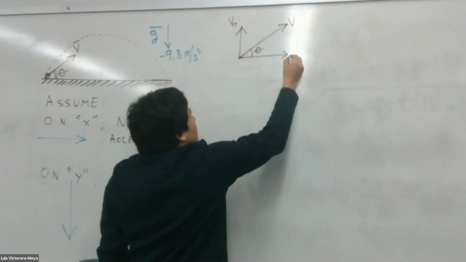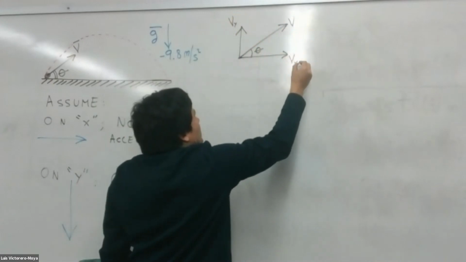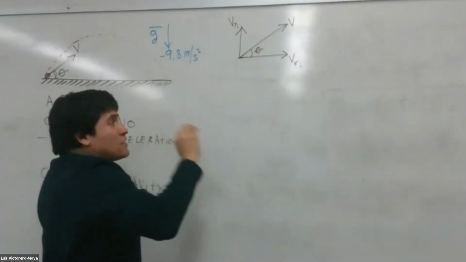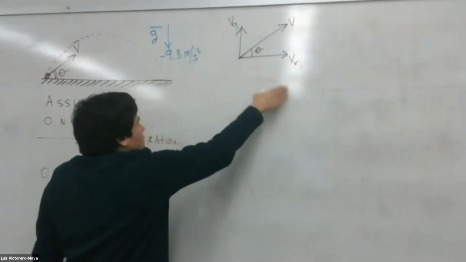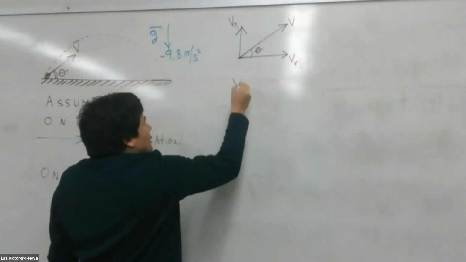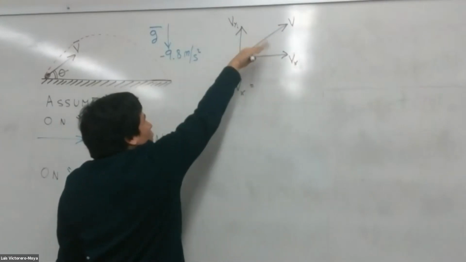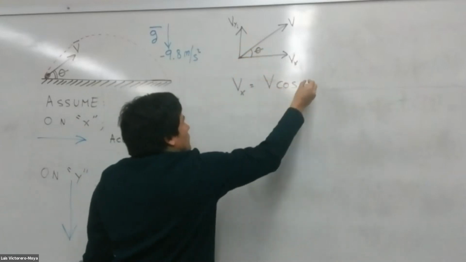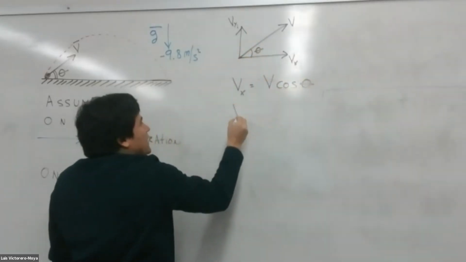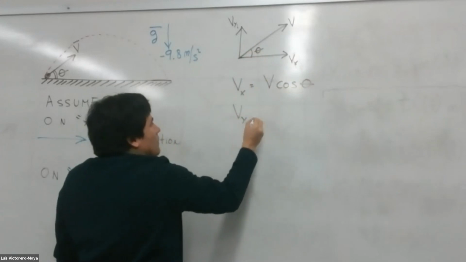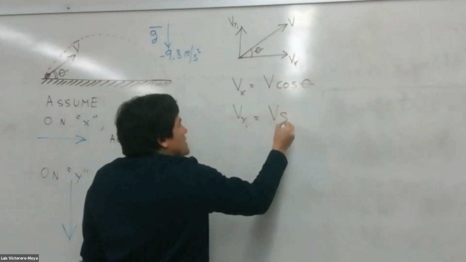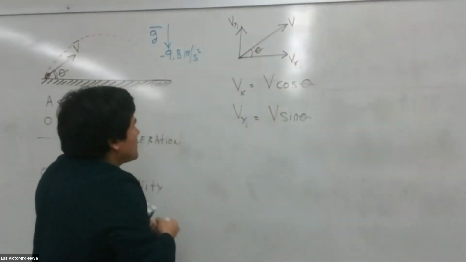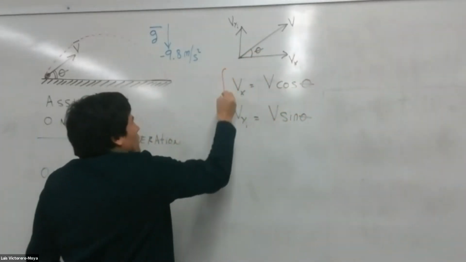Vx initial, Vy initial. But on x there is no acceleration, so just put Vx. So what is Vx? V cosine theta. And what's Vy initial? V sine theta. Very important equations, these ones. That's how you break into components.